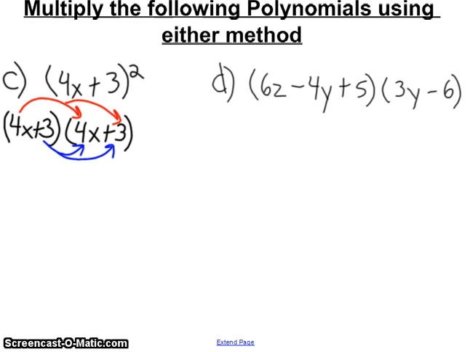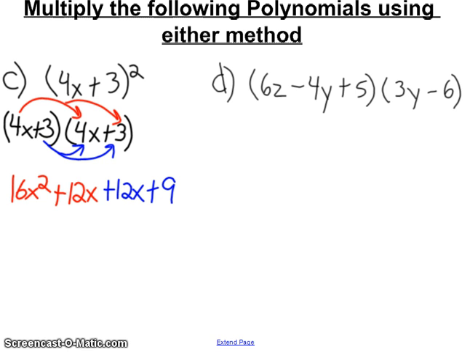And when I do that, I end up with 16x squared plus 12x, and then plus 12x plus 9. I combine all my terms there that I can, and I'm going to end up with 16x squared plus 24x plus 9.